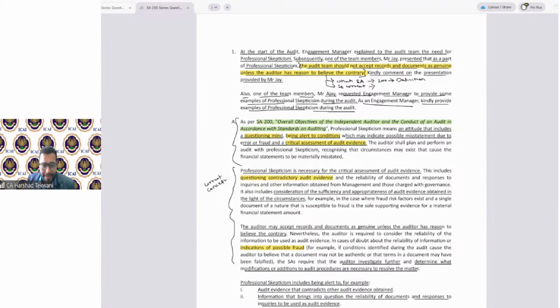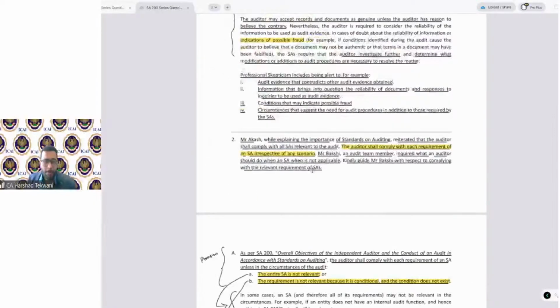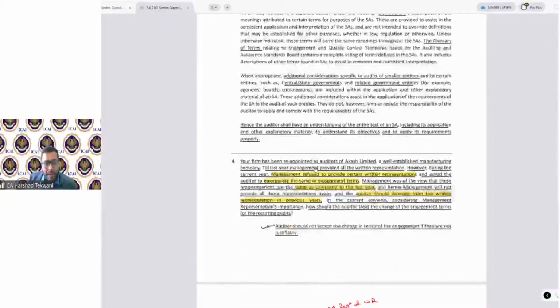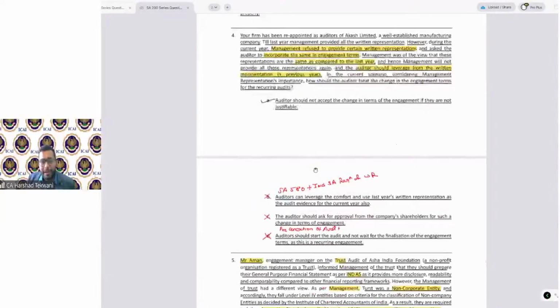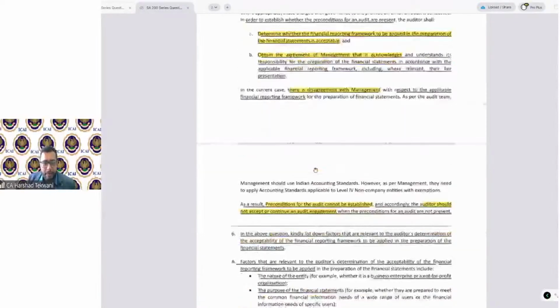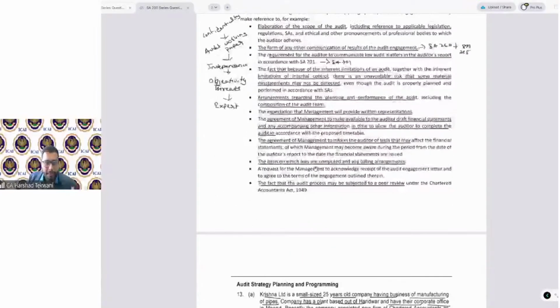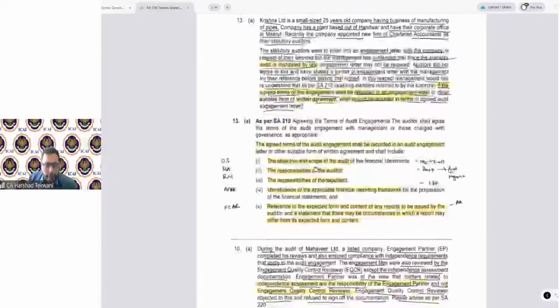I will be covering the SA 200 series just to give you a glimpse. We have already covered SA 200, which talks about the overall objective of the independent auditor, and certain questions of that. Then we covered SA 210 with respect to agreeing the terms of audit engagement, and the past questions related to that.